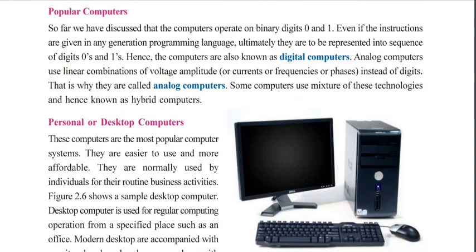As we all know, a computer understands binary language, which is the 0 and 1 digits. Hence computers are also known as digital computers, because they understand only two digits, 0 and 1. Analog computers use a linear combination of voltage amplitude instead of digits, so they are called analog computers.